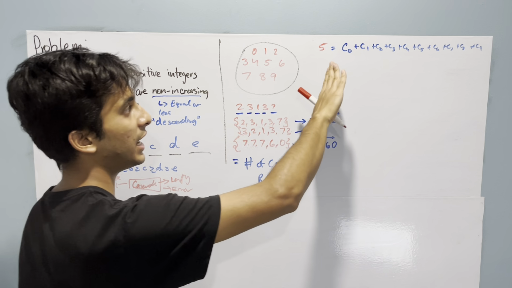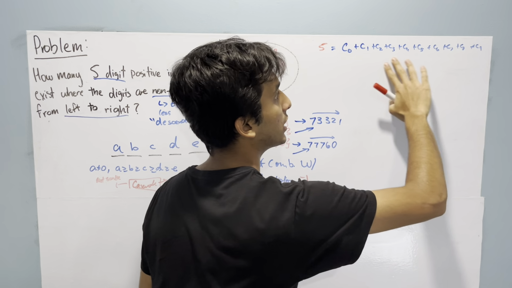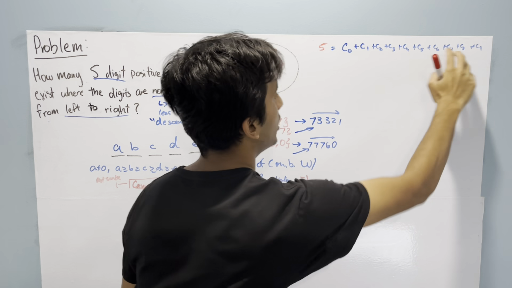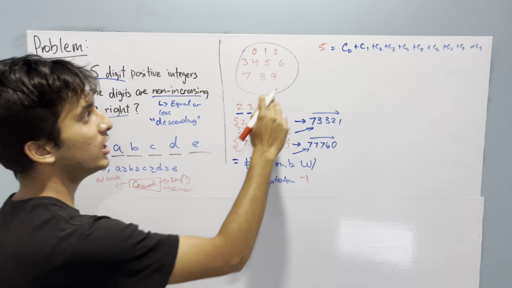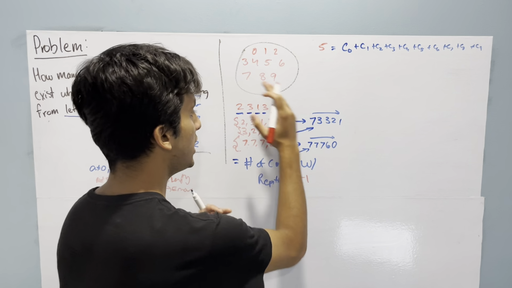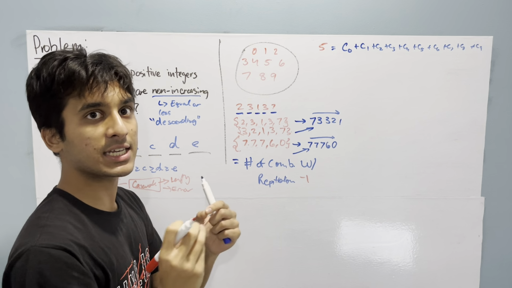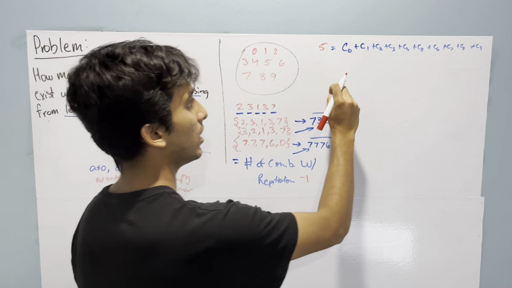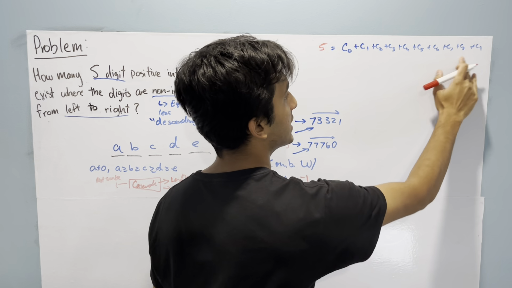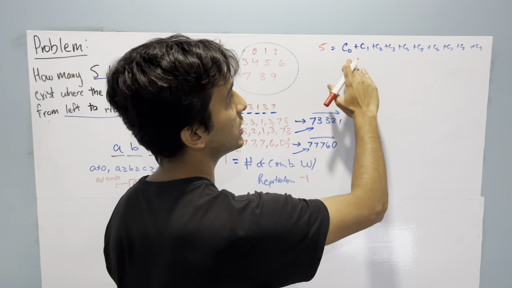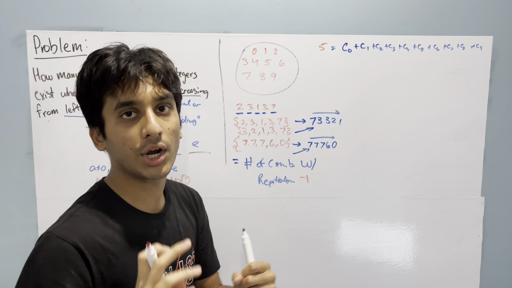The reason is that these are the number of times each digit occurs, and it's a 5-digit number, so it has to equal 5. So this problem is the exact same thing as asking how many solutions there are to this equation where each one of C0 to C9 is between 0 and 5.